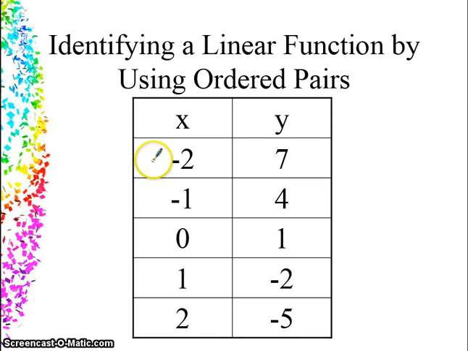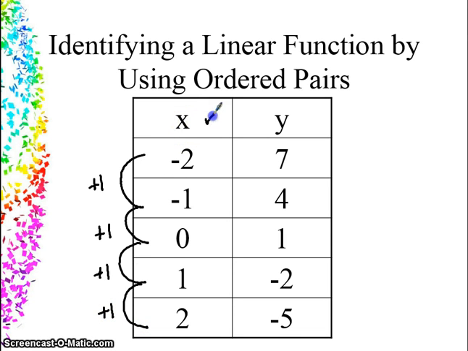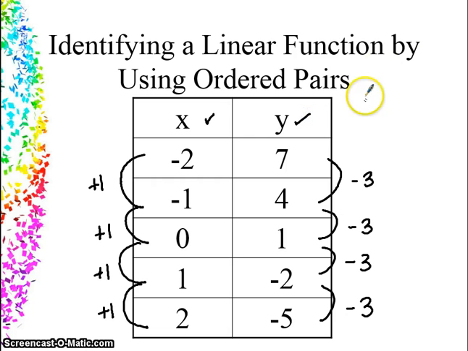Now the constant rate of change must be evident in both the inputs and the outputs. So here we see we went up by 1, we went up by 1 again, we went up by 1 again, we went up by 1 again. So we can see that the inputs do have a constant rate of change. Now, the outputs, we went down 3, down 3, down 3, down 3. So they also have a constant rate of change.